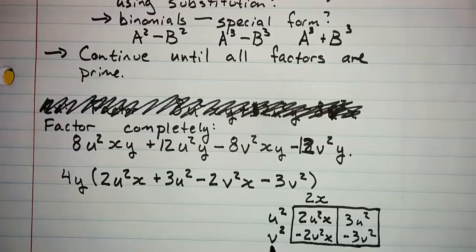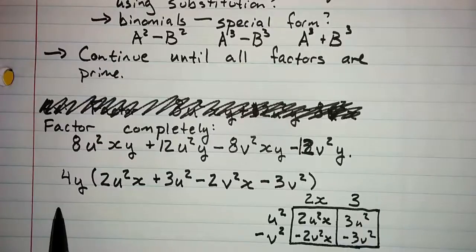Is 2x times v squared equal to negative 2v squared x? No, I need this to be a negative v squared. What do I need to multiply u squared by to get 3u squared? Well, 3, clearly. 3 times negative v squared, that's negative 3v squared.